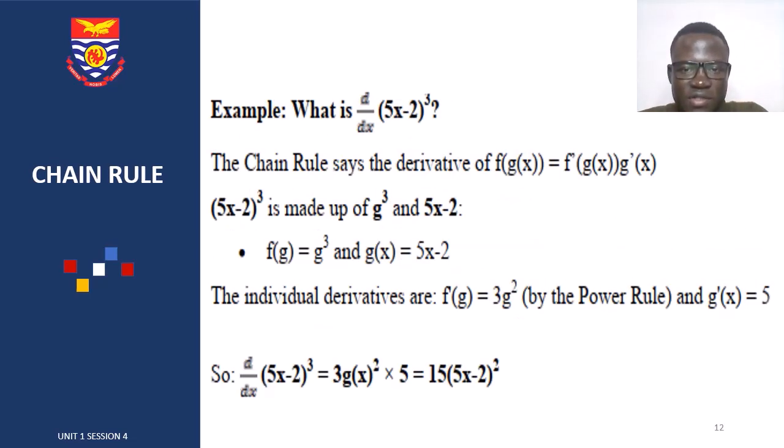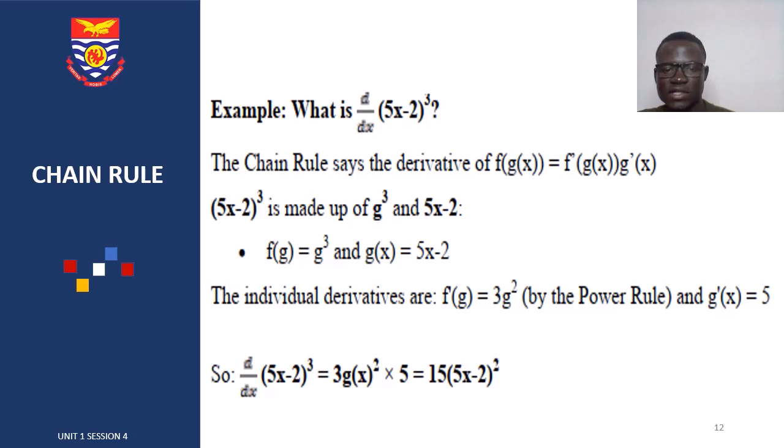Another example to illustrate this is, what will be the derivative of 5x minus 2 all to the power 3? The chain rule says, first of all, find the derivative of the function f of x. So we know that 5x minus 2 to the power 3 is made up of g to the power 3 and 5x minus 2. So the function f of g is equal to what? g cubed, and g of x will give us 5x minus 2.